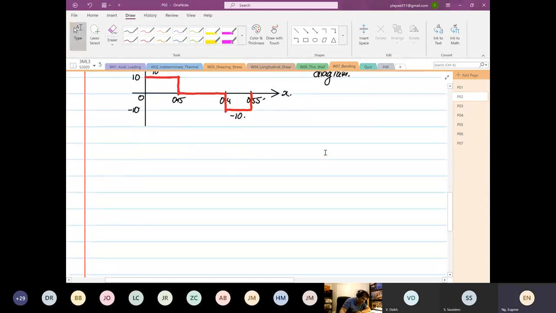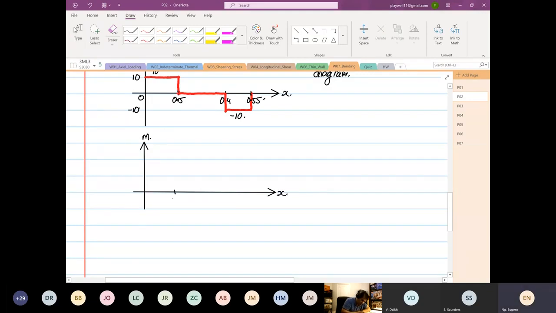Then we look into our bending moment. So this is M. Over here, I'm only going to focus on the positive side. I'm not going to focus on the negative; I'll tell you why later on.